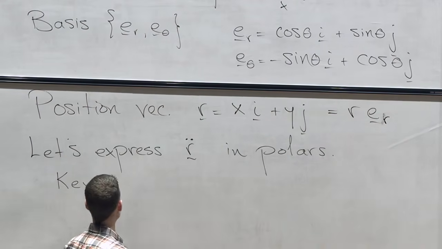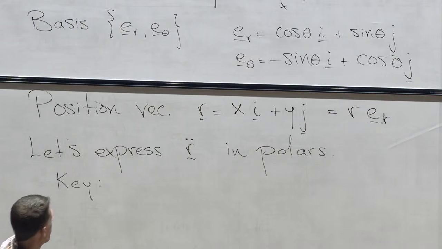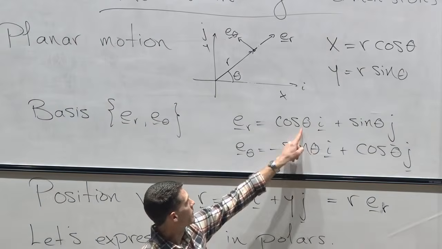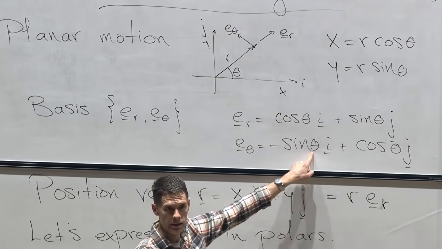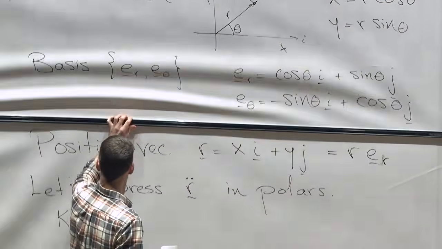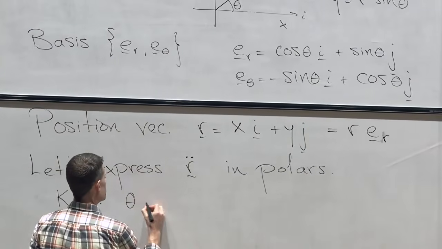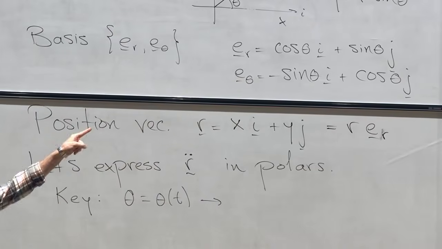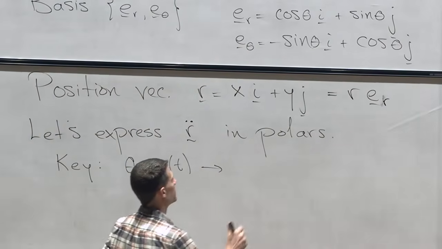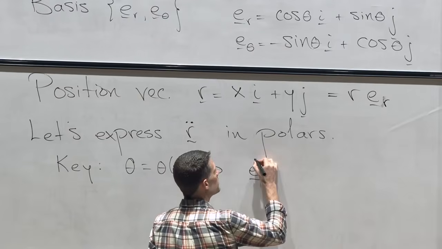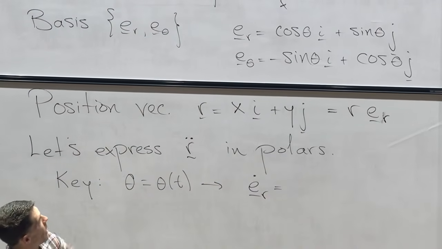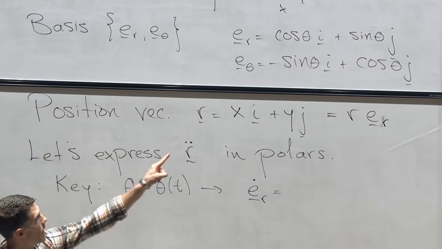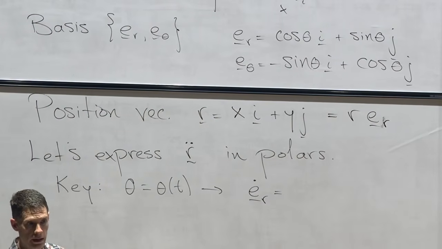So the key to doing this is to think about e_r dot, and to make sense of e_r dot, you have to think that in this definition here, theta is theta of t. So if I take a d/dt of e_r, that cosine turns into a minus sin theta times theta dot, and then the sine turns into a cosine theta, theta dot.